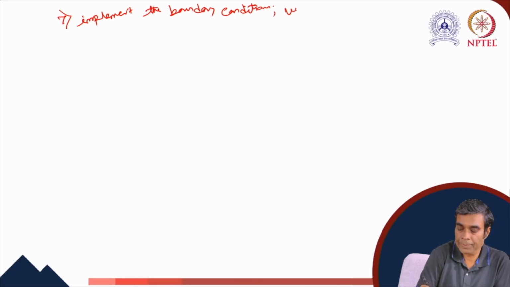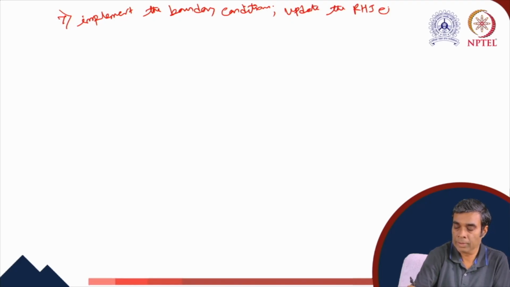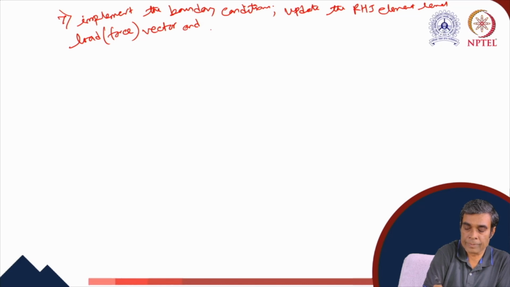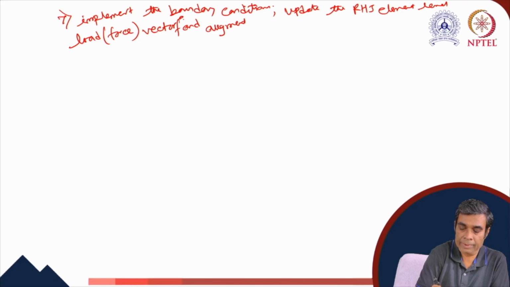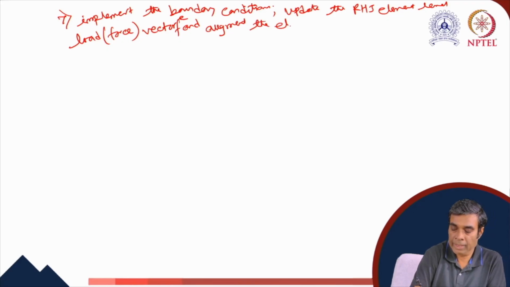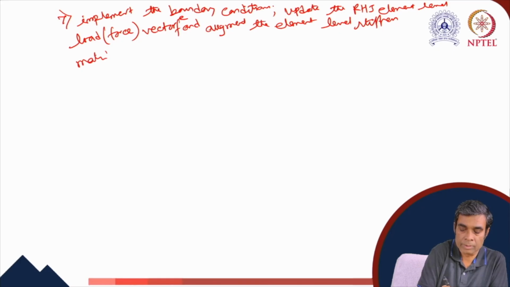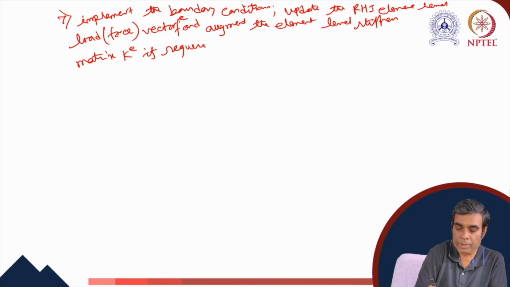So update the right hand side element level load or force vector, and augment load vector FE and augment the element level stiffness matrix KE if required based on the boundary conditions.